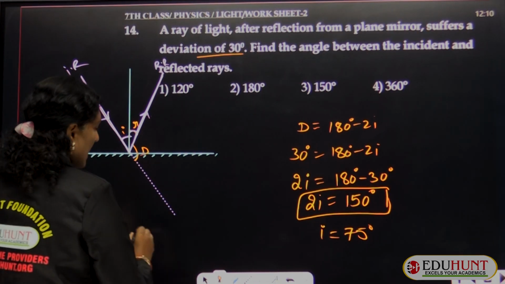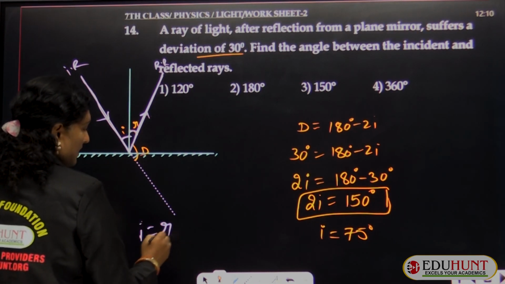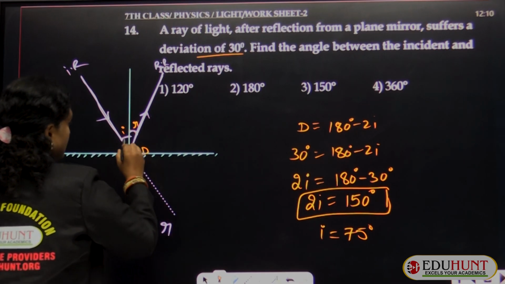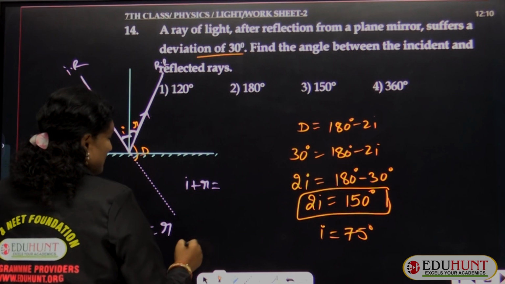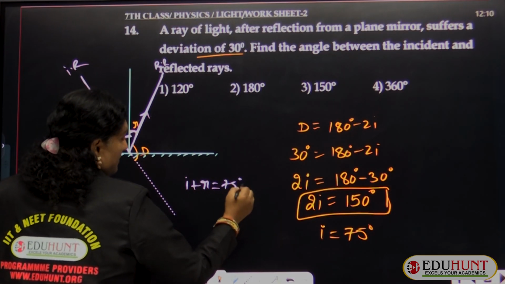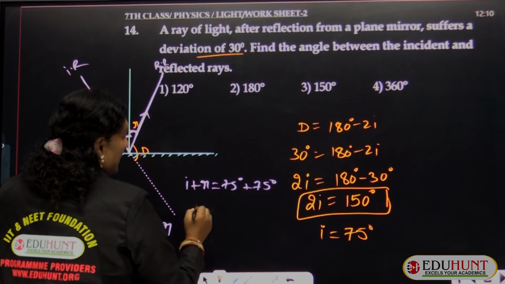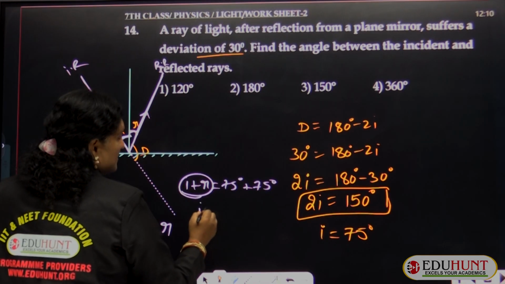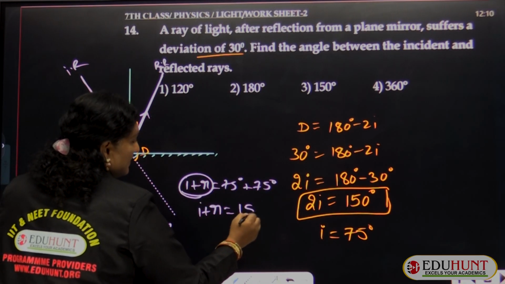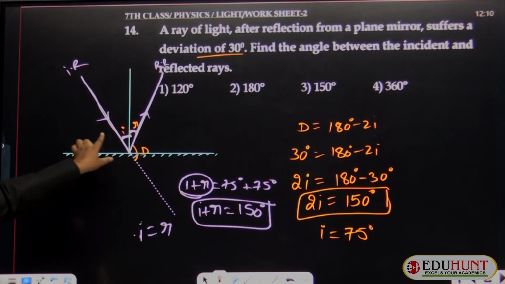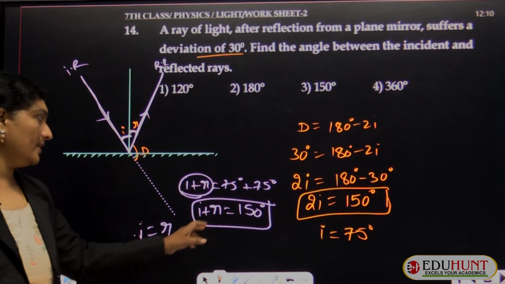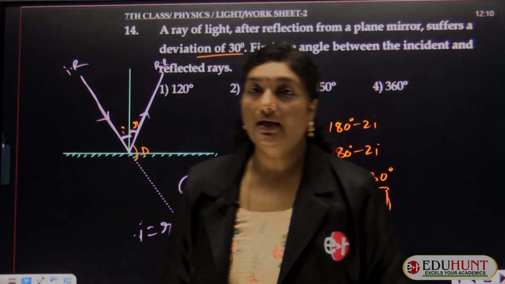But we know that i is equal to r, so this total angle i plus r must be equal to 75 plus 75, hence 150 degrees. So the total angle between the incident ray and reflected ray is found to be 150 degrees.